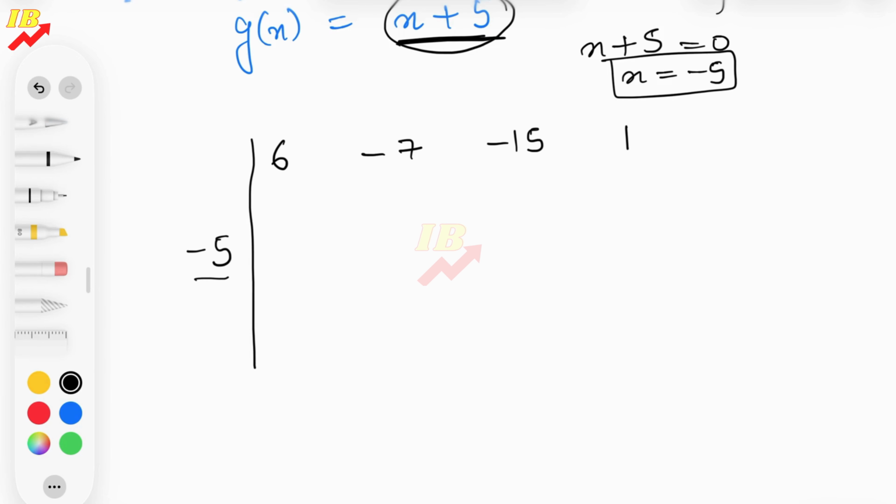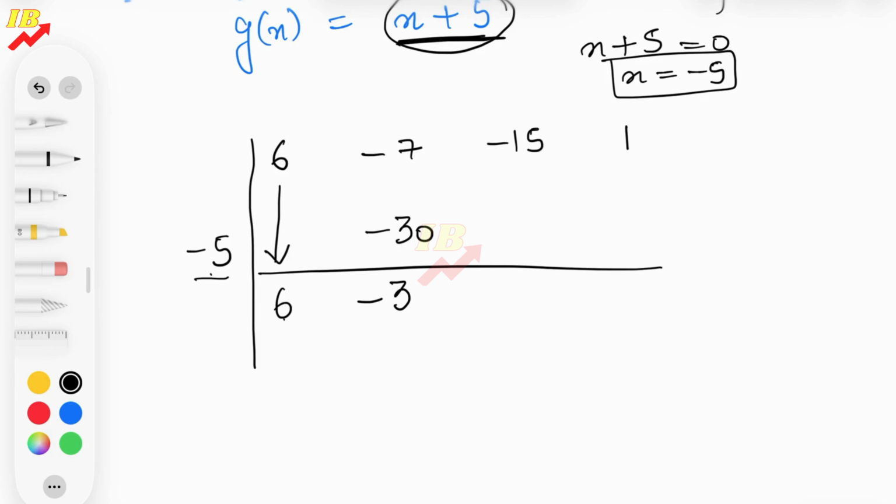Now your first term will come out as it is, like 6. Okay. Now you multiply this negative 5 with 6. That gives you negative 30. Okay. Just solve it. This is going to give you negative 37. Okay. If it is negative negative, if it is positive negative, whatever signs are given, you just take that into consideration and solve it.